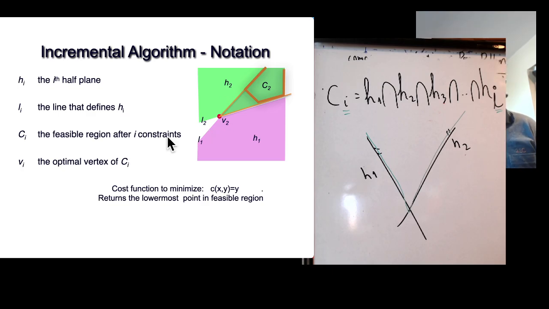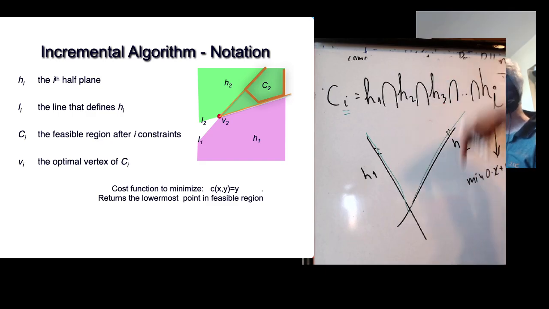Well, out of all the feasible region, I only care about one specific point, namely the point that optimizes my cost function, the points in the feasible region that optimize my cost function. Let's say that my cost function is pointing downward. That is, I want to minimize 0 times x plus 1 times y.